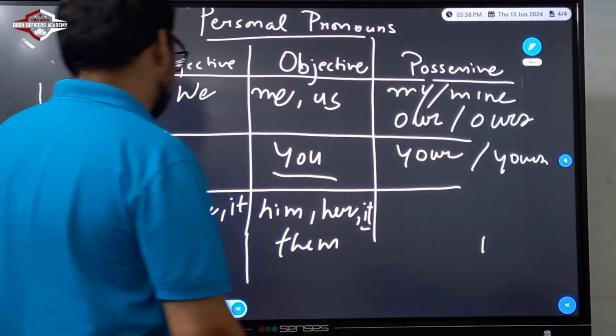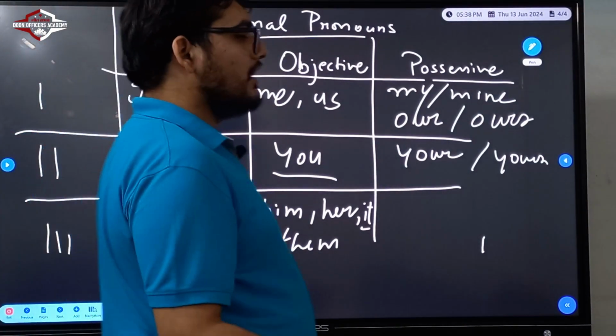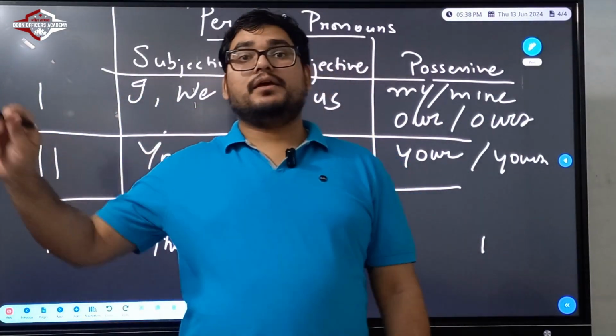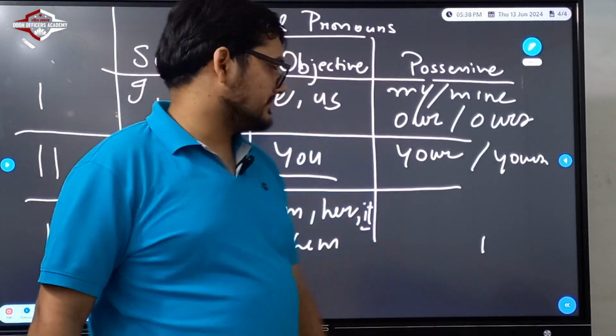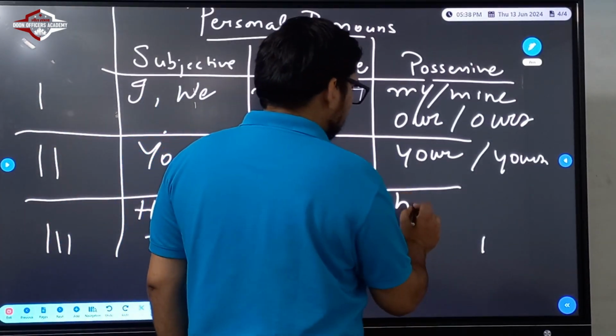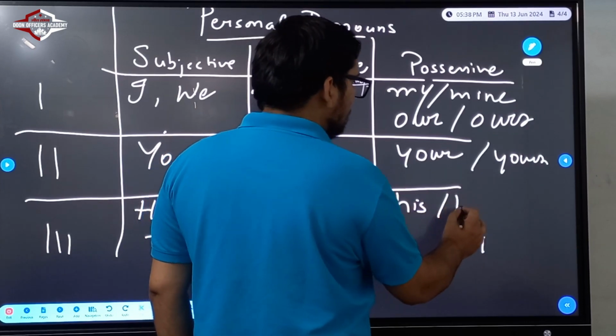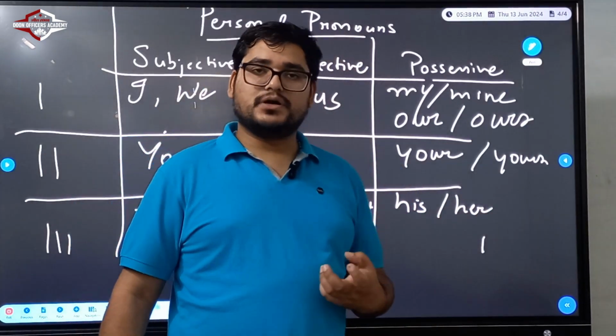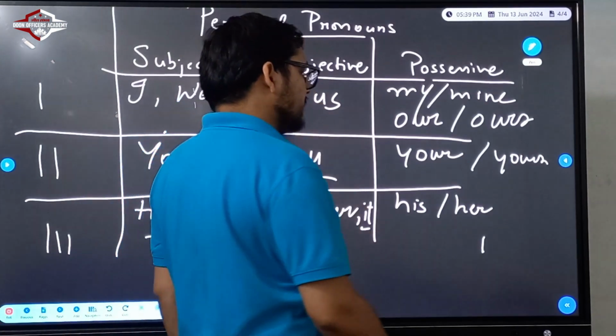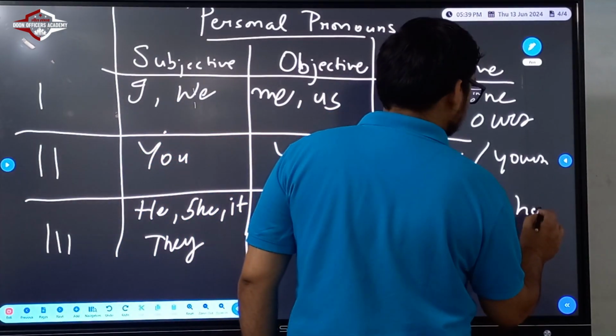Now we come to the third person pronoun. Is this dash assignment? Third person, singular, his, for males. For females, her. Now, in the feminine pronoun, that is her, you have two ways again. You could either say her or hers.